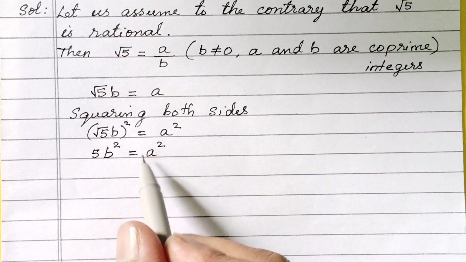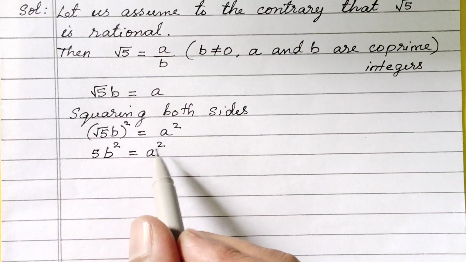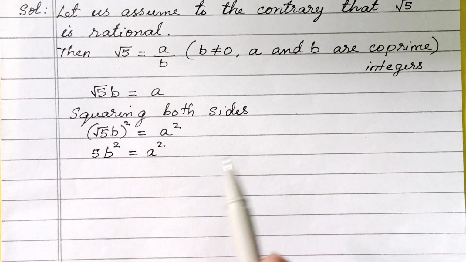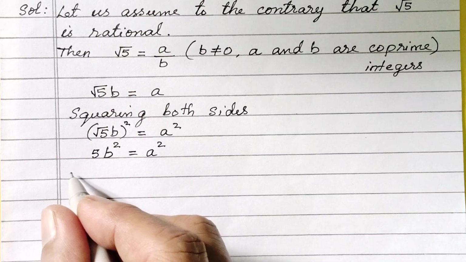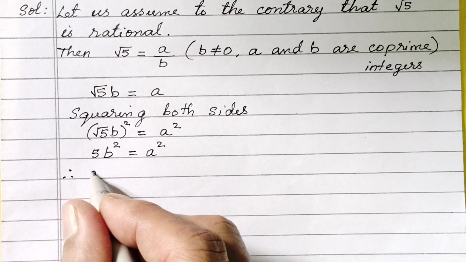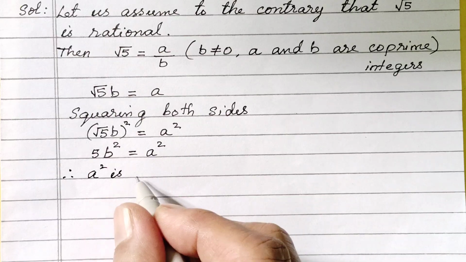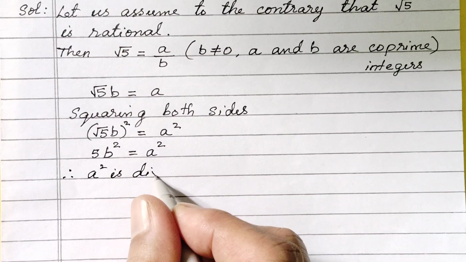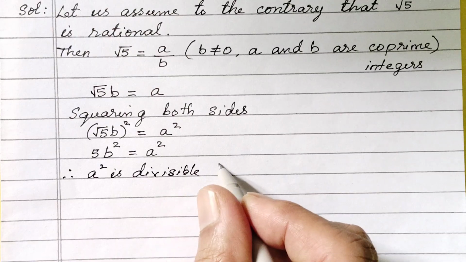That means a square is a multiple of 5. So 5 can divide a square. Therefore, a square is divisible by 5.